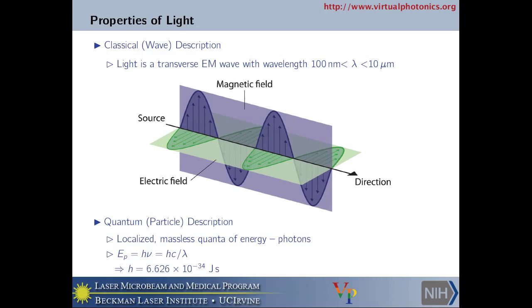At the same time, one can also consider light from a particle or quantum description as localized neutral particles, which we call photons. These photons have a quantized energy, which is linked to the wavelength. So the longer the wavelength, the smaller the energy. And that's all parameterized through the speed of light and Planck's constant. Okay.